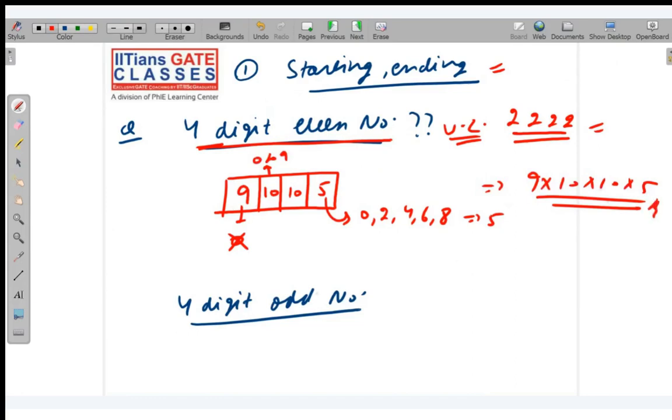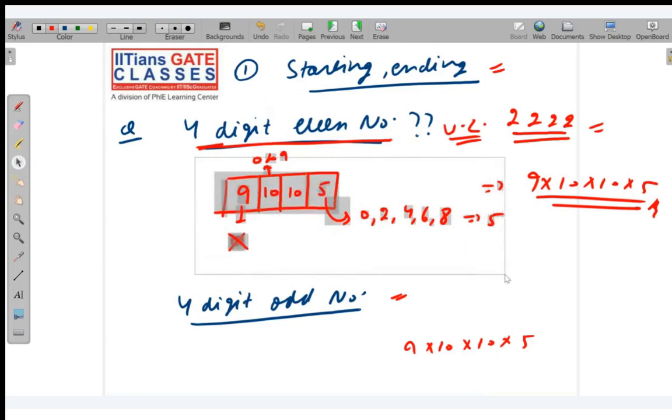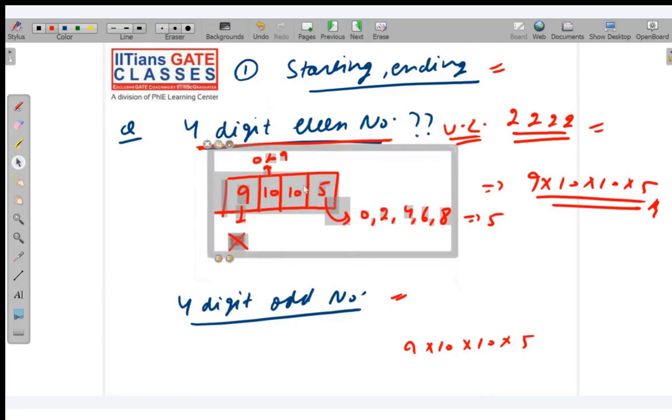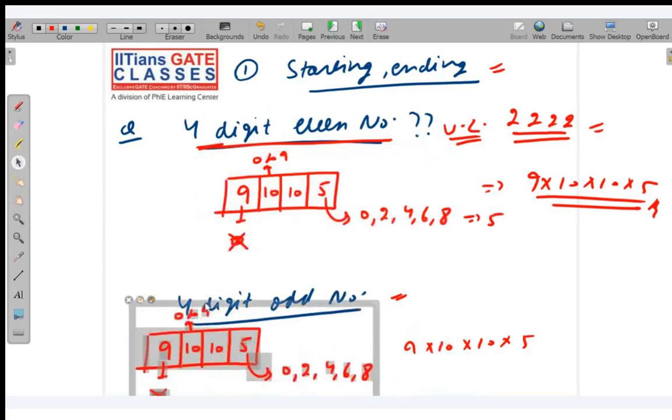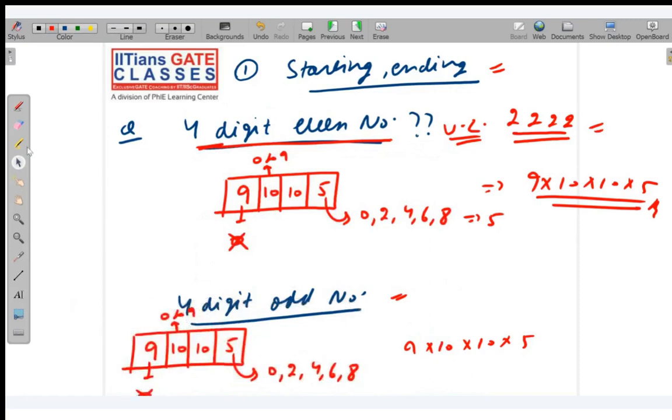Next is the 4-digit odd number, same scenario. I think you have got it. I should not repeat it again and again, so let me copy and paste it. The only difference will be at the last place: 1, 3, 5, 7, 9.